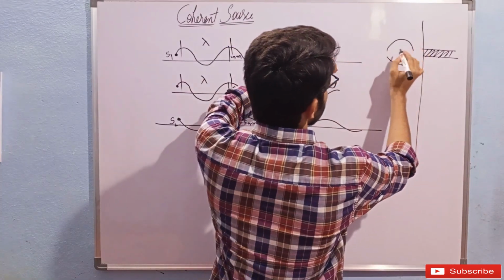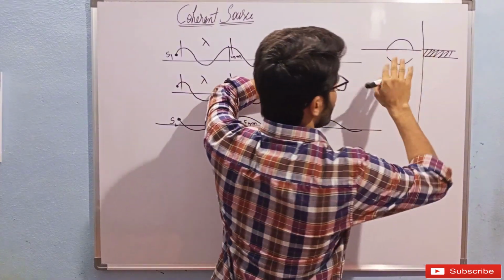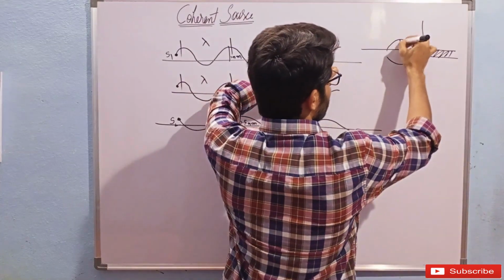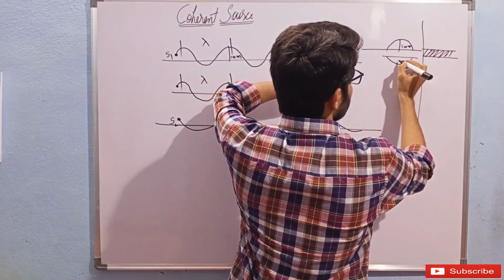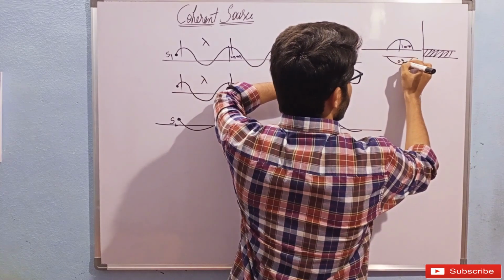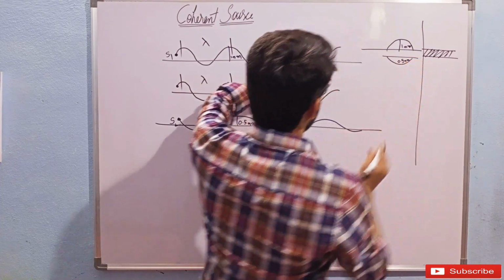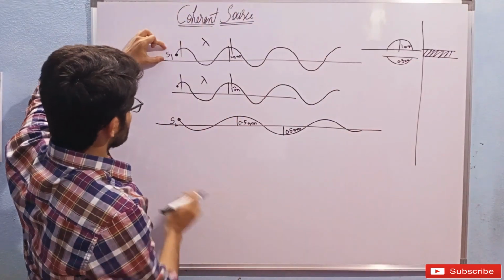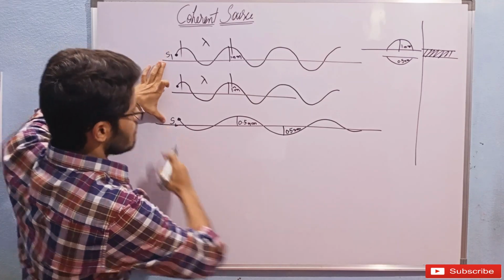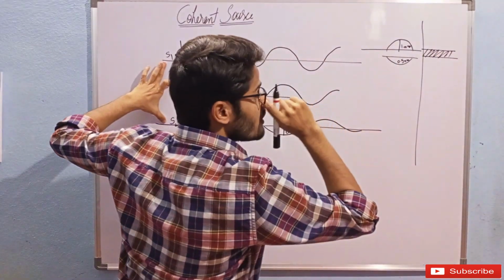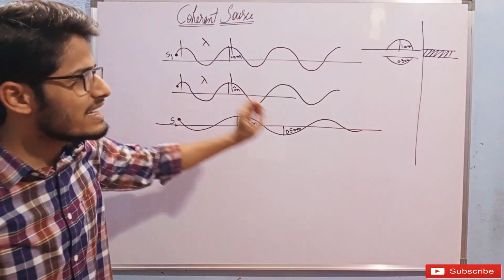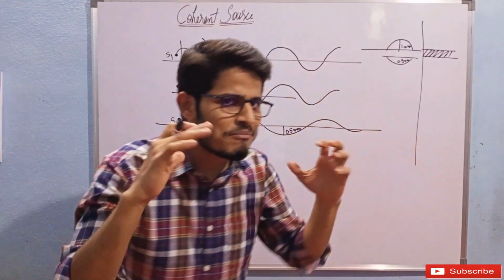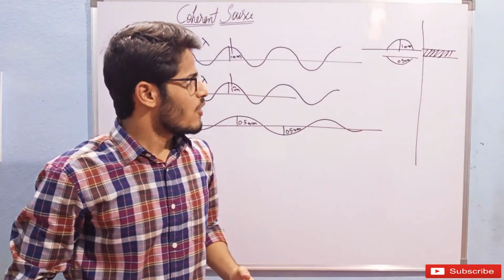When they both meet destructively, this one will have 1 nanometer and this one will have 0.5 nanometer on the final screen. I'm talking about S1 and S2. When they meet on the final screen, you can't have a point where the light is completely vanishing. Why?